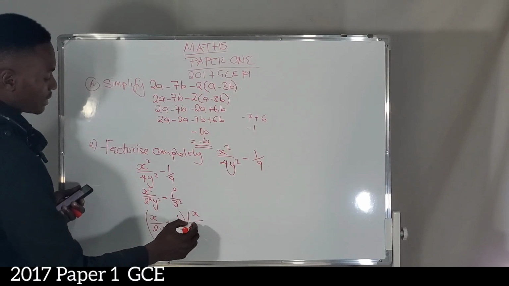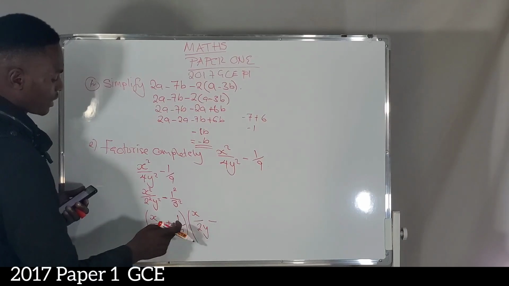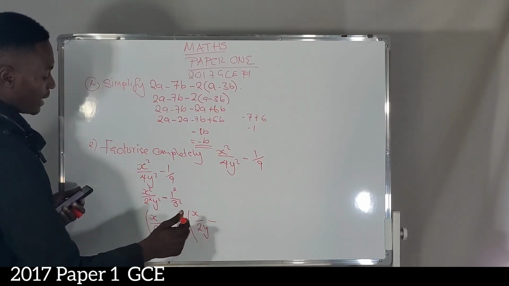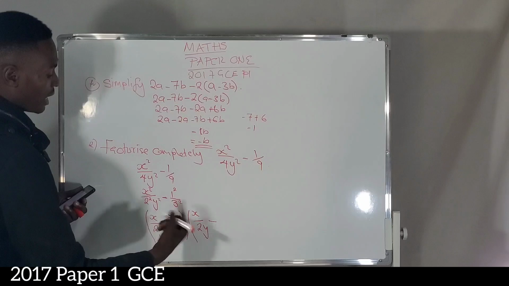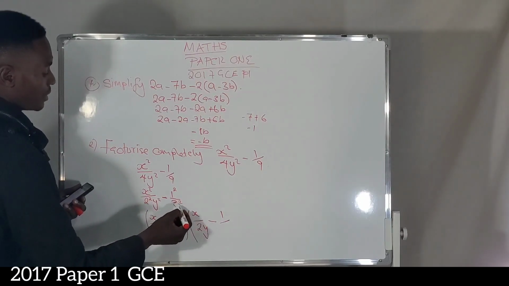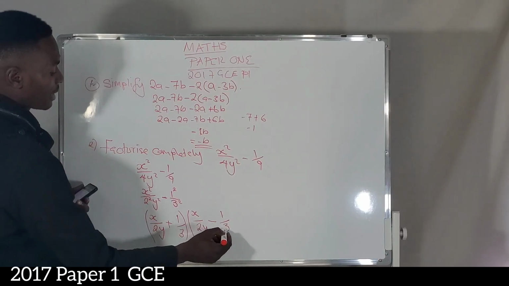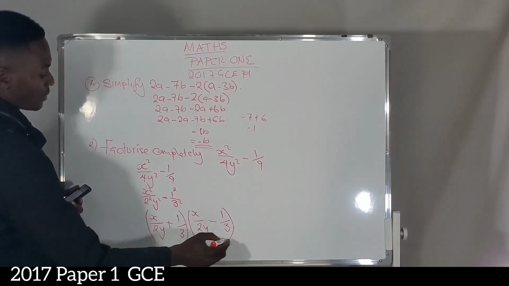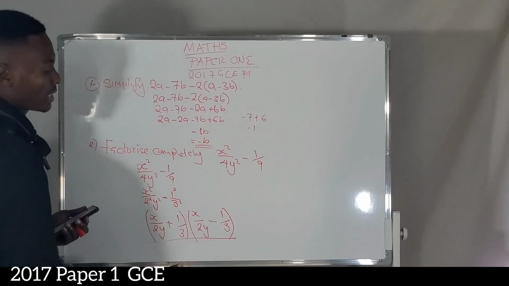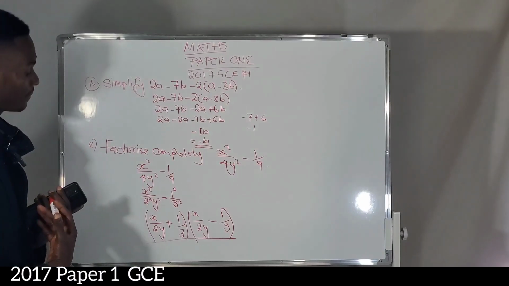So we have an x, 2y, in this case minus. Okay, start with minus or plus, as long as they are of different signs, then 1 over 3 squared, we're remaining with another 3, like this. So this is the answer. We factorize this question completely, okay?